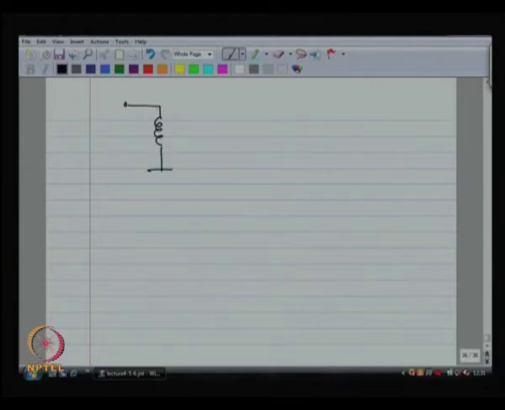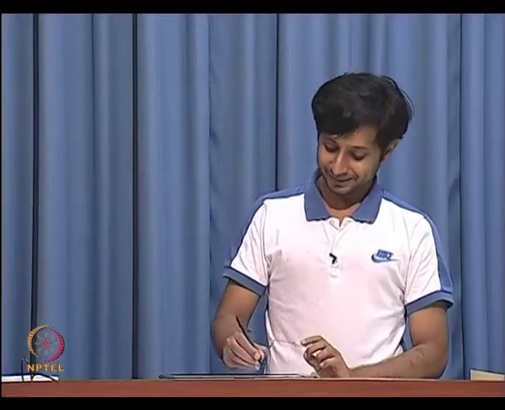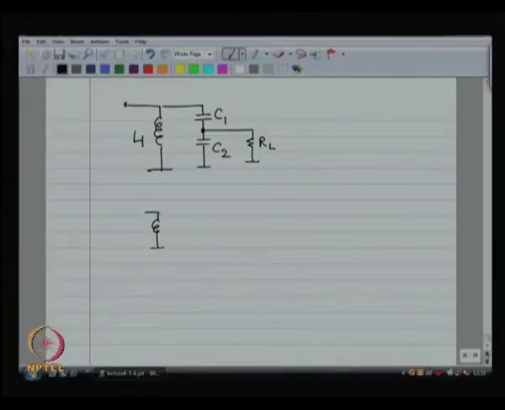These are called tapped inductors or tapped capacitors. It looks almost like a pi. It looks like this. You can redraw this in this fashion, but we call it a tapped capacitor match.